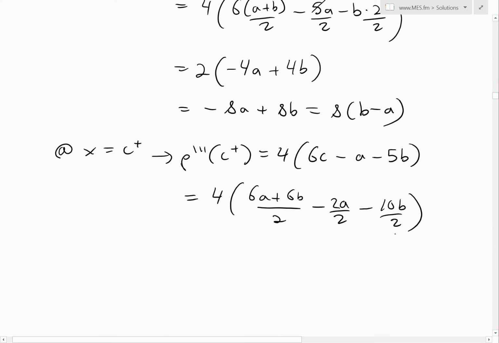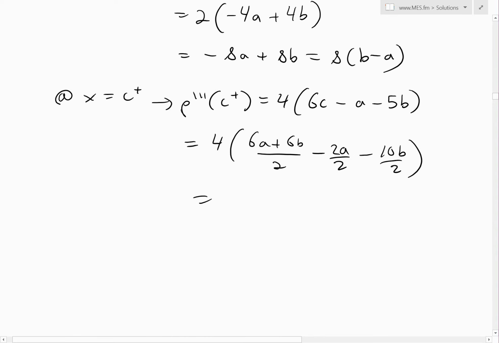Using the common denominator, the 2s all cancel, this cancels with this, we get a 2. So 6a minus 2a, that's just going to be 4a, and then we have 6b minus 10b, that is negative 4b.